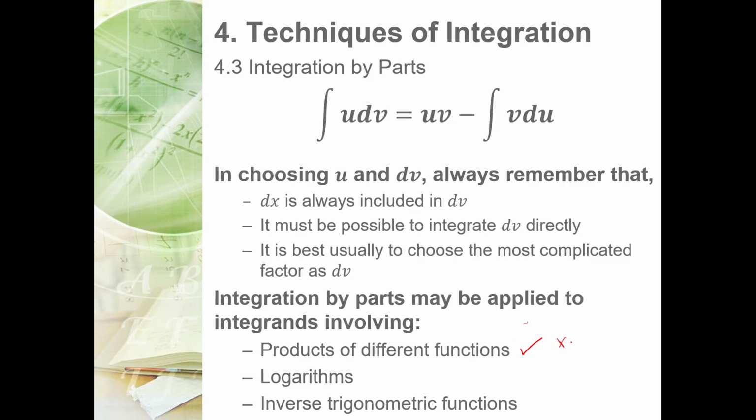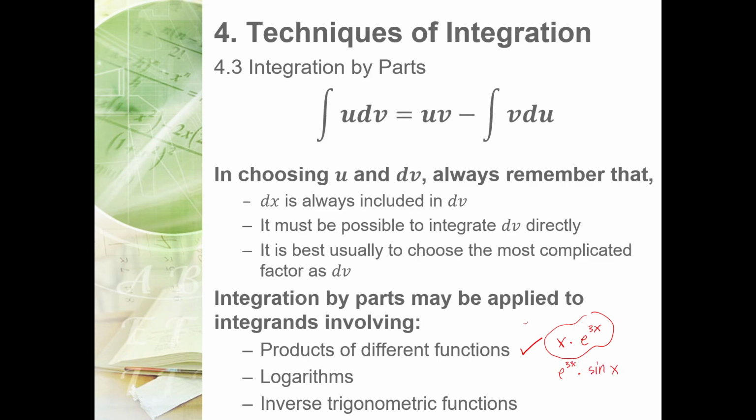one is algebraic, then it's being multiplied to, let's say, an exponential term. So this is the time that you're going to use integration by parts. For example, an exponential multiplied by a trigo function.